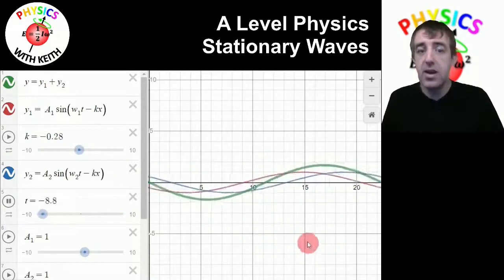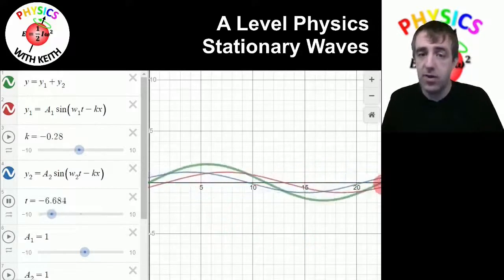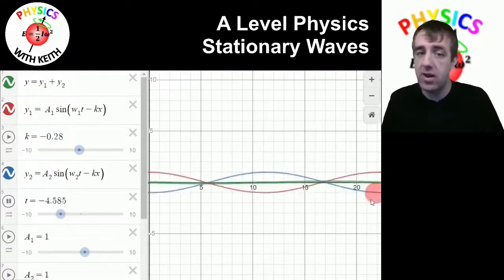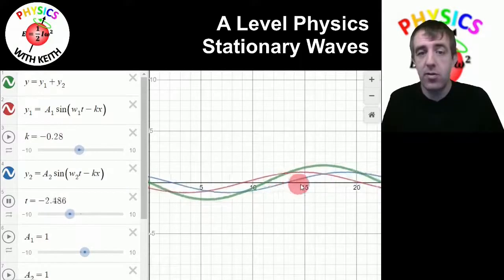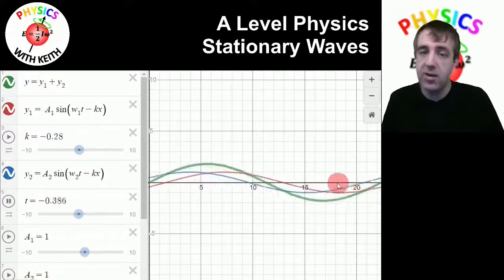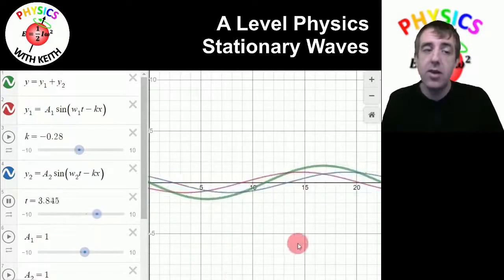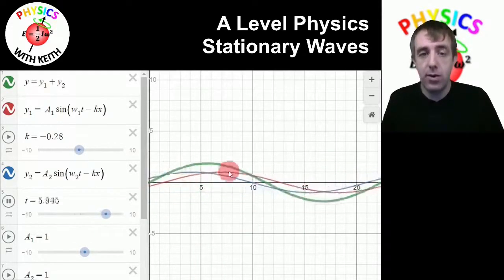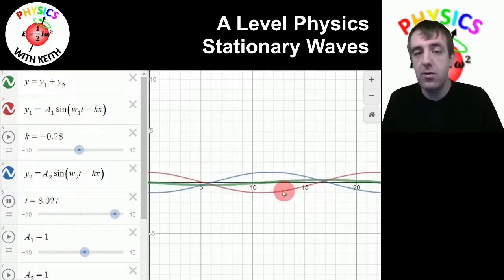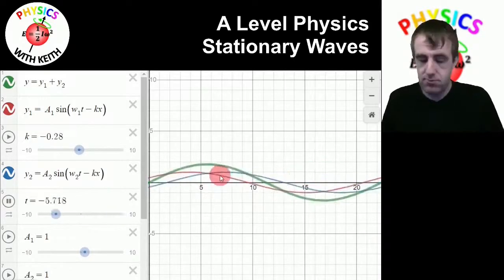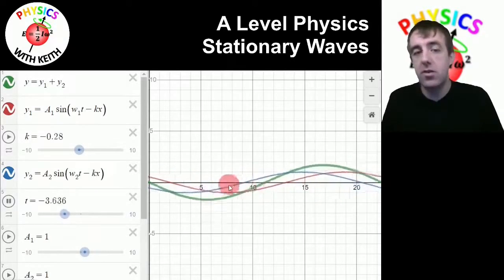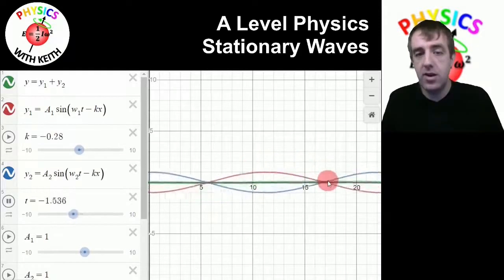Now here I've halved the wavelength by doubling the wave number. And what you can see now is we've got the same thing as before, a phase change at this end. The red wave moving from left to right reflects off this end and produces the blue wave moving from right to left. But now because I have halved the wavelength, we fit one complete wave along this string. We get one node in the middle, an antinode here and an antinode here.